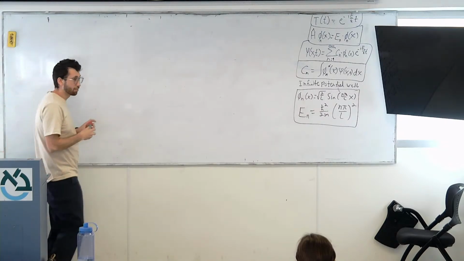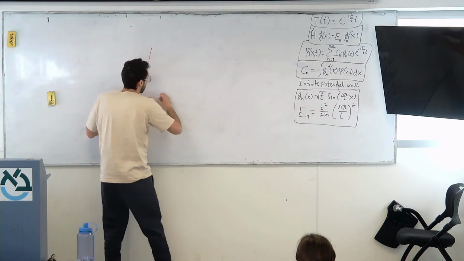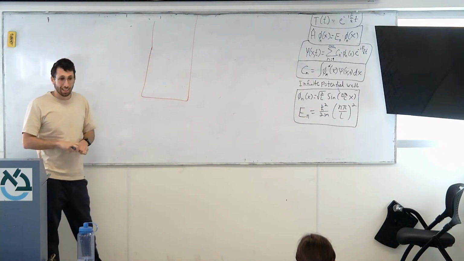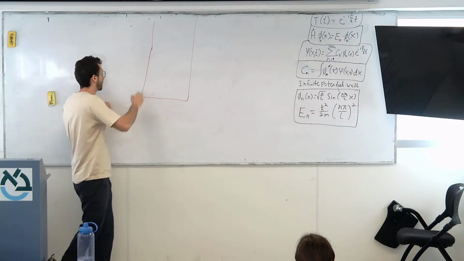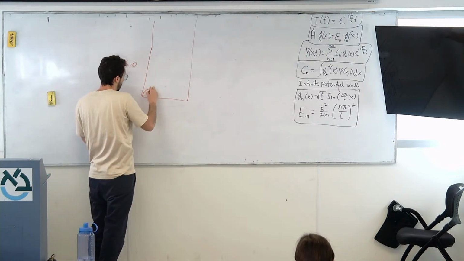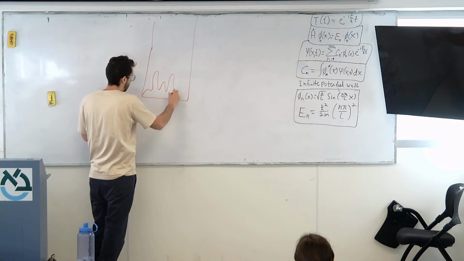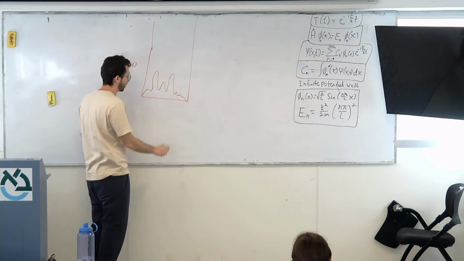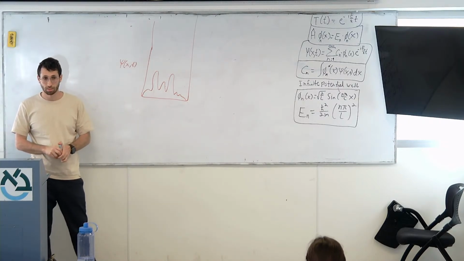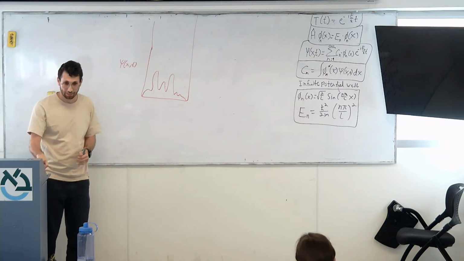Let's say we have the setup of this infinitely large well. Can we have psi of x and t, which looks like this? Does it make sense? Yes. Why?